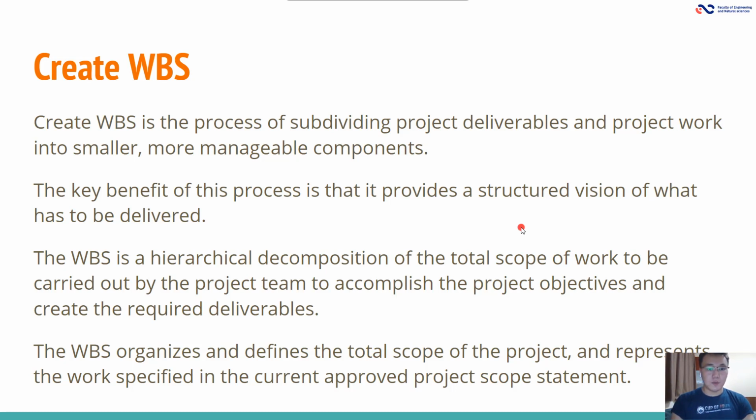The key benefit of this process is that it provides a structured vision of what has to be delivered. The WBS is a hierarchical decomposition of the total scope of work to be carried out by the project team to accomplish the project objectives and create the required deliverables.